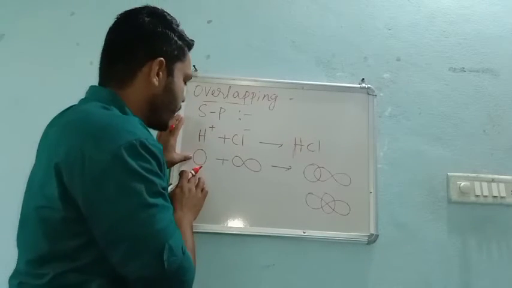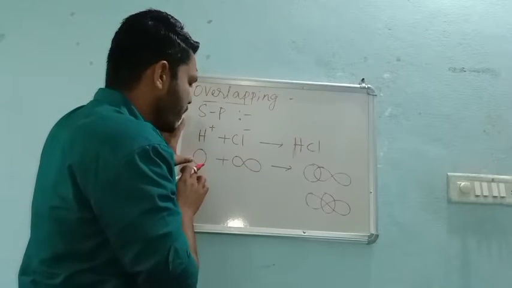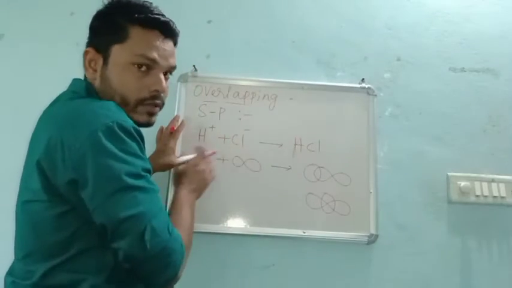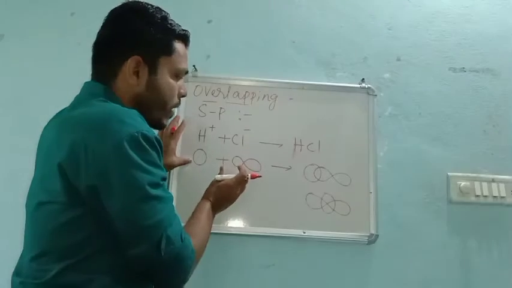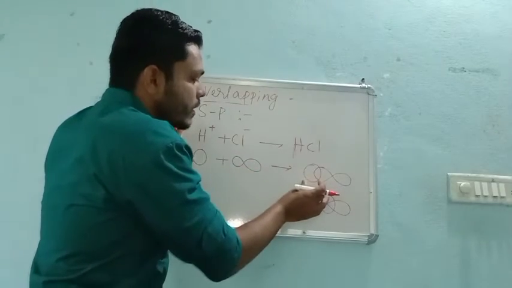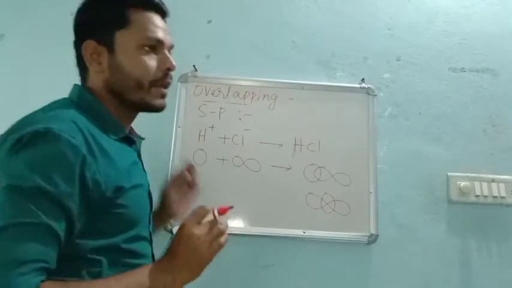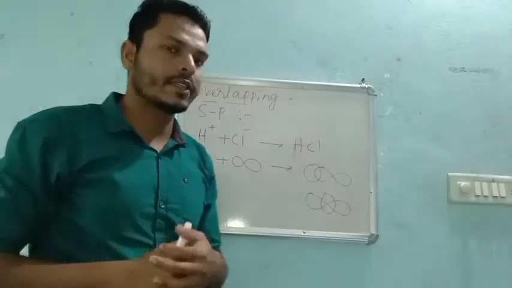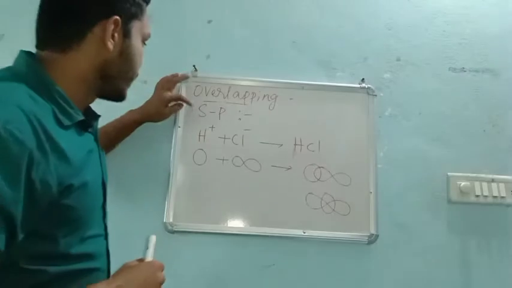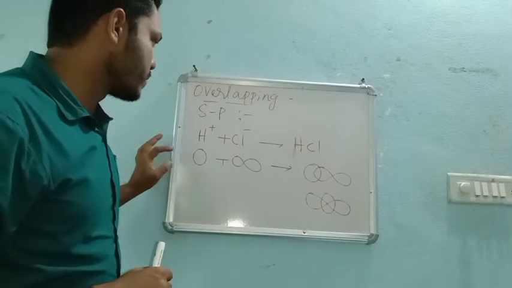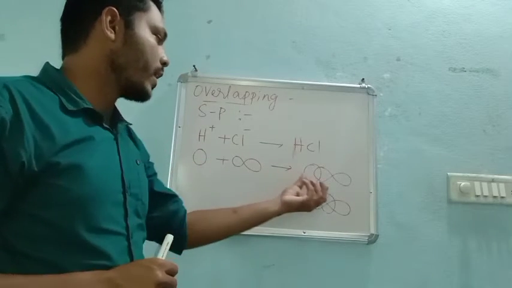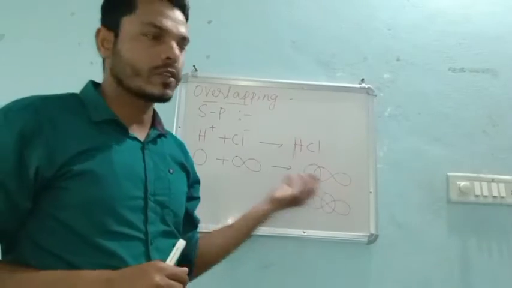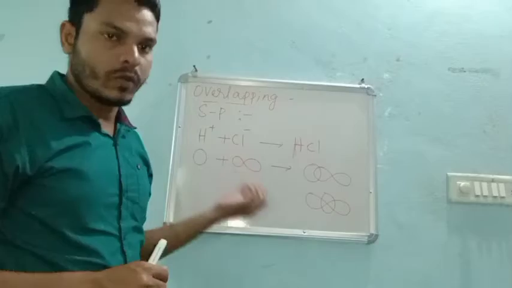One s orbital atom will react with a p orbital atom to form the overlap, and the resultant is one complete compound, that is HCl, or whatever it may be, an acid or something. But yes, if sp type of overlapping takes place, then this type of overlapping we can see.